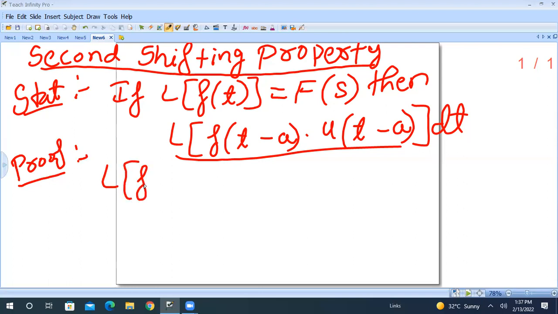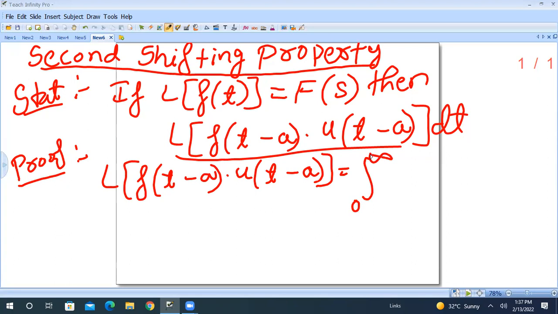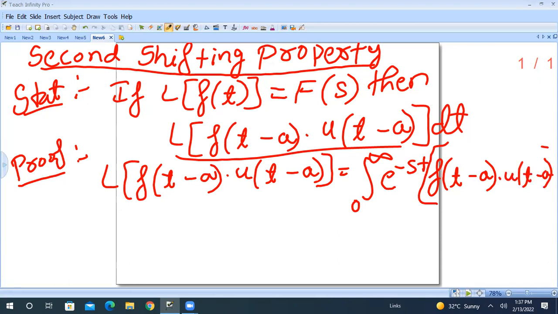L of f of t minus a into u of t minus a is equal to the integral from 0 to infinity of e to the power of minus st, f of t minus a, into u of t minus a, dt.